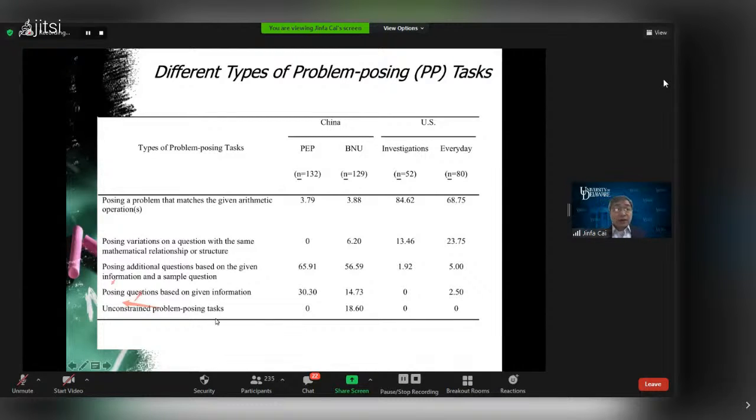And the fourth one is giving them a situation and then having them pose problems. This unconstrained problem posing task is fairly open. For example, you walk into a room, and whatever you see, pose mathematical problems which you could solve based on the information you digested from this room.